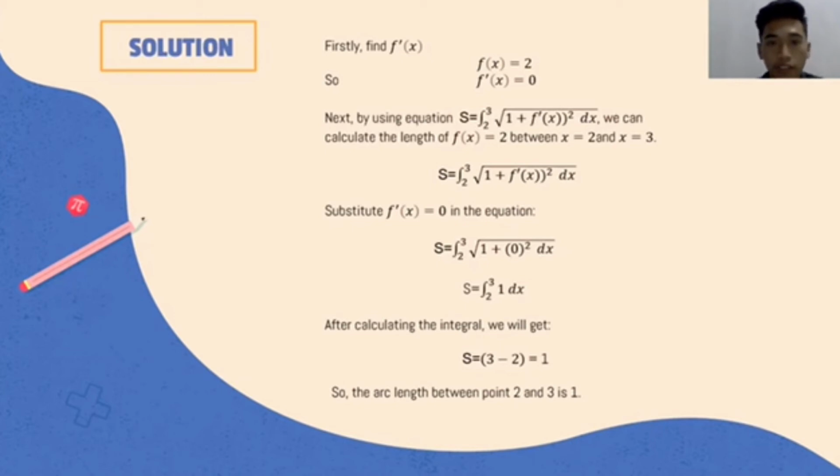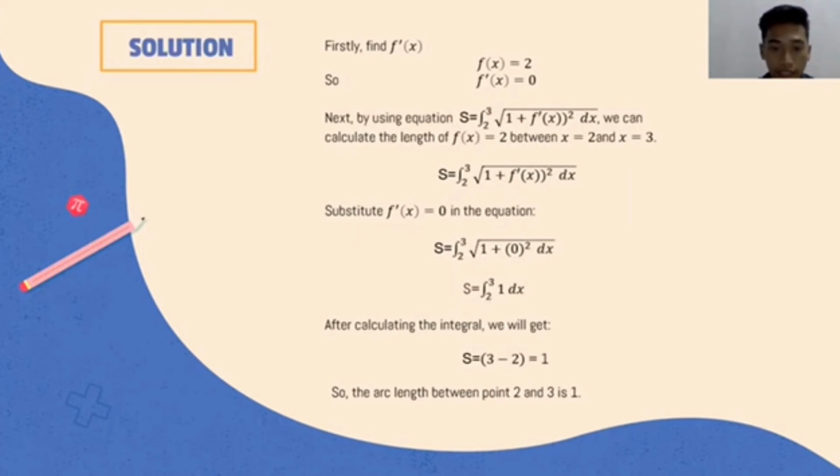Next, by using the equation given in the slide, we can calculate the length of f(x) equal to 2 between x equal to 2 and x equal to 3. We already found f prime x, so we substitute it in the equation and calculate it. We will get 1.